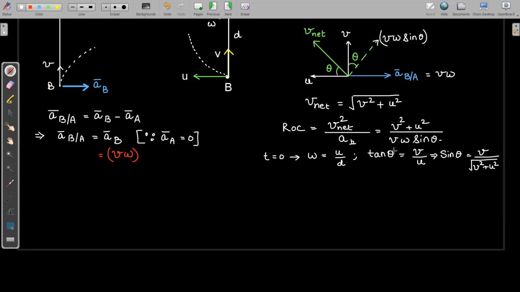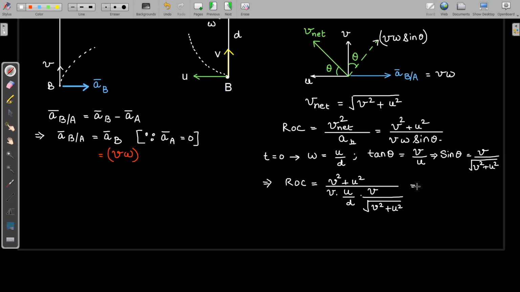So I'm replacing the value of omega and sin theta in the expression for radius of curvature. The radius of curvature will be v square plus u square, whole divided by v times omega, which is u by d, into sin theta, which is v divided by under root of v square plus u square.